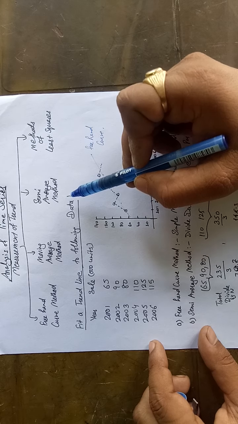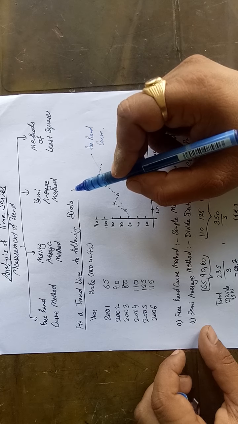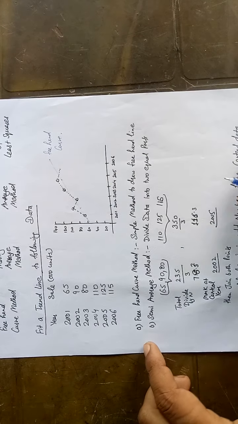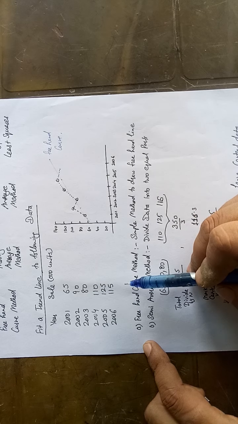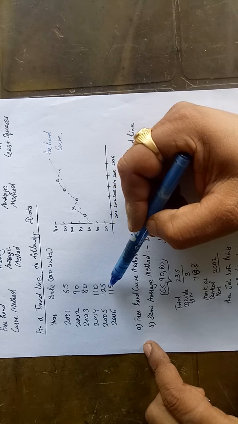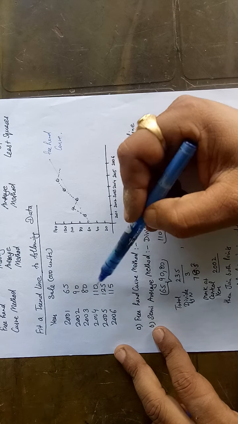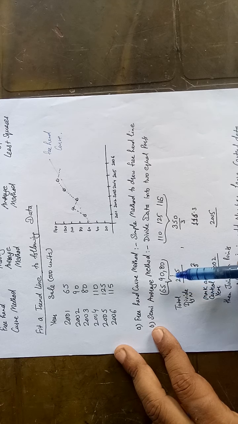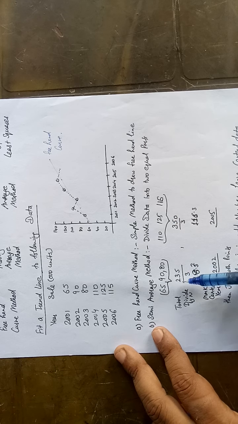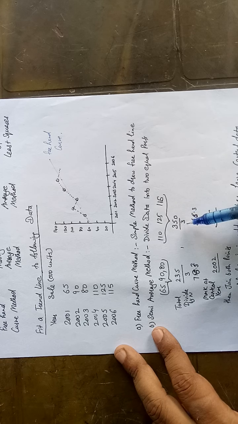But another method is the semi-average method. It is close to it, but it has a very simple system. Whatever data is there, divide that data into two parts. This data was in an even number, 6 years of data. So we will divide it into three and three. The total of the first 3 data is 235, and of the last 3 is 350.